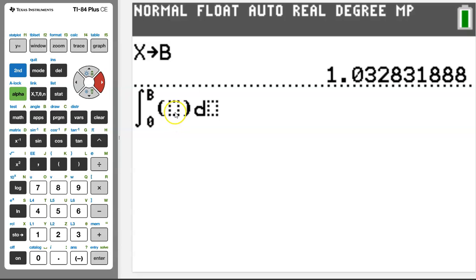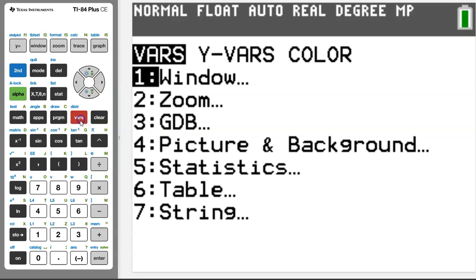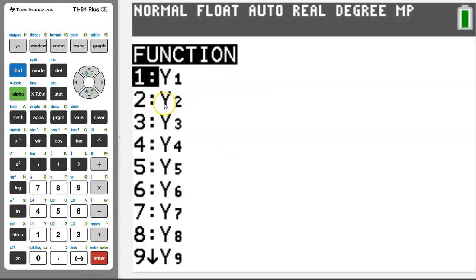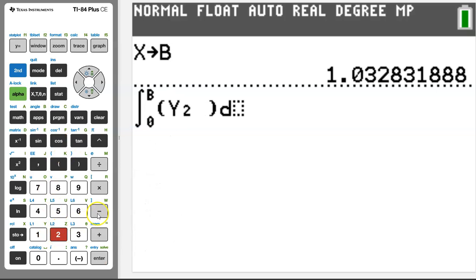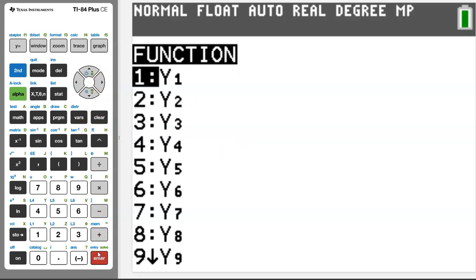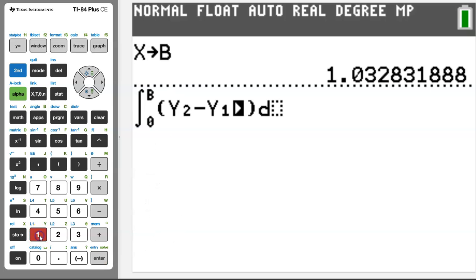I can access y2 by hitting the vars button and switching over to y-vars and just hit enter for function. So I want y2, so I'm going to pick y2. Now I need minus. Now I'll repeat that process. Vars, y-vars, enter, and this time I'm choosing y1. So I've got y2 minus y1. That's g minus f.